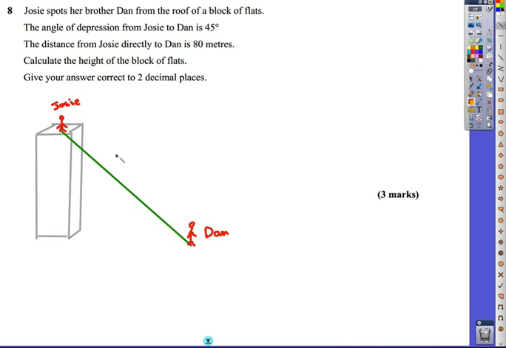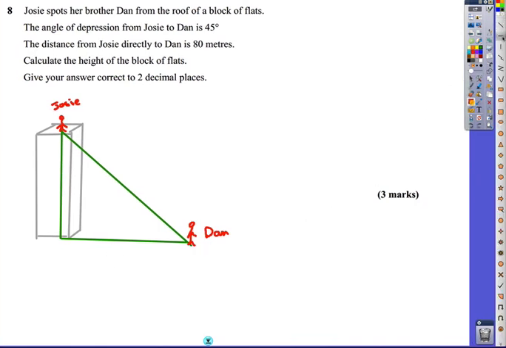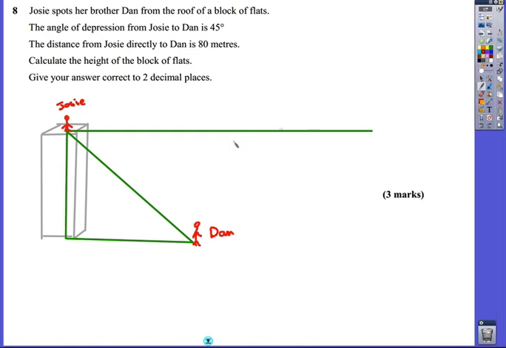Now this is going to be a right angle triangle because the height of the flats is going to be perpendicular to the ground, and Dan is there. Now, angle of depression. If you imagine a straight line from Josie all the way across, this line is going to be parallel to that line.